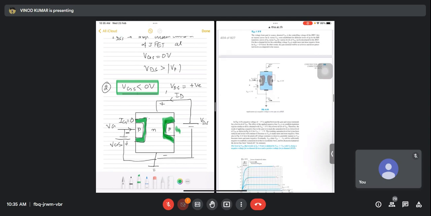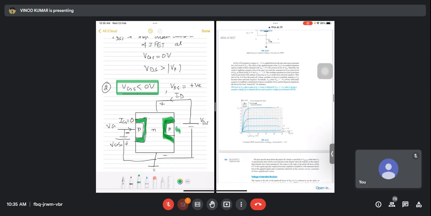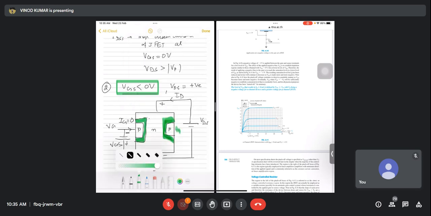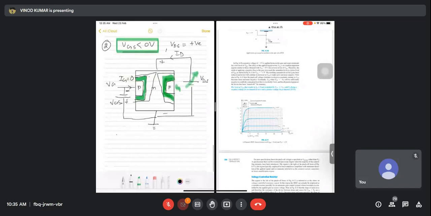It means if you apply this reverse bias, and now we are increasing this VDS, इस VDS को भी increase करते हैं मान लो, तो ये भी reverse wise में help करेगा. So VGS negative and VDS positive will make PN junction reverse bias.